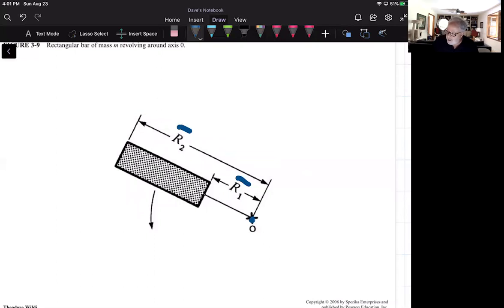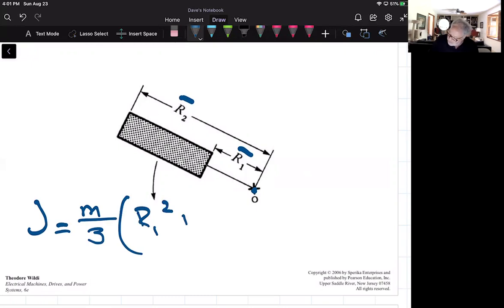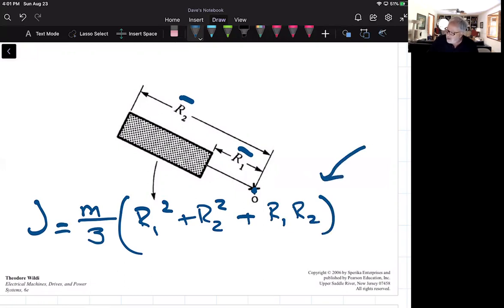Those two radii are shown in the J number for this, which is pretty complex. It's the mass divided by 3, times R1 squared plus R2 squared plus R1 times R2. That almost looks like something from a parallel circuit resistance calculation.